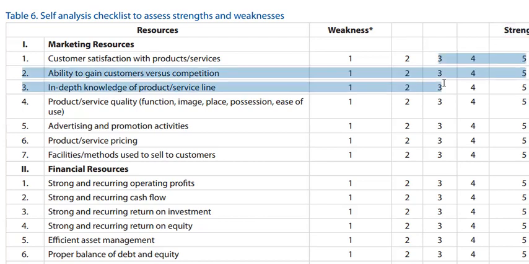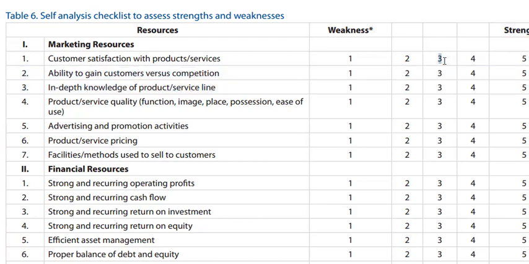Remember, the middle choice 3 is neither a weakness nor a strength, it is sort of a neutral thing. The more you move to 1, that is more weakness. The more you move to 5, that is more strength.